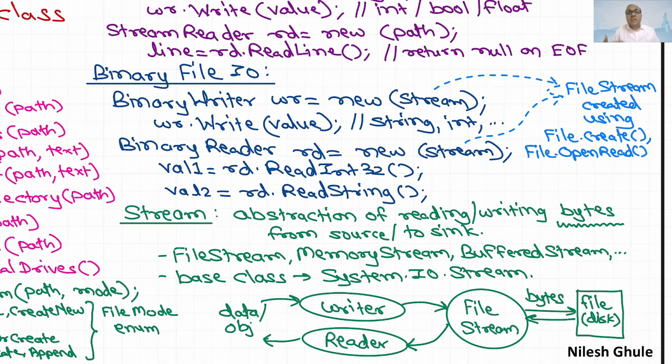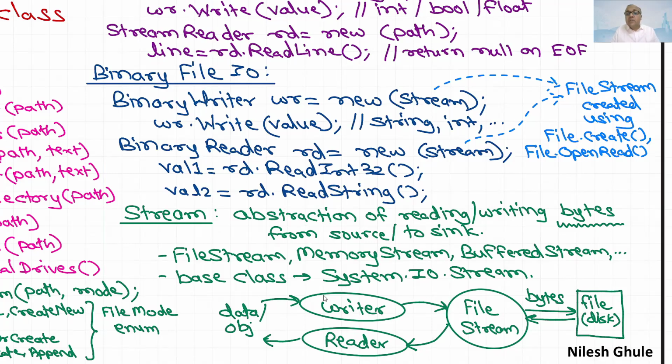Apart from that, there are also interesting streams like NetworkStream, which is useful for sending data over the network, or CryptoStream, which can be used for encryption and decryption logic inside the streams. As I said, all these stream classes are basically inherited from the abstract class System.IO.Stream.